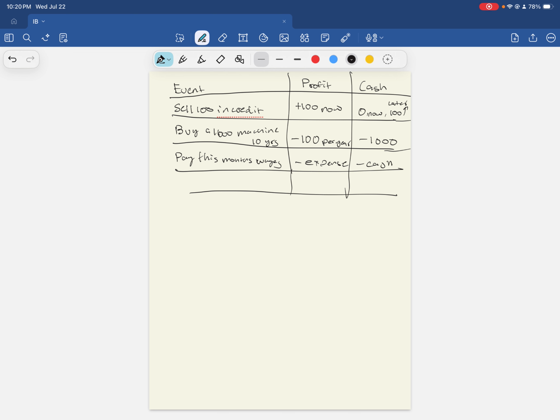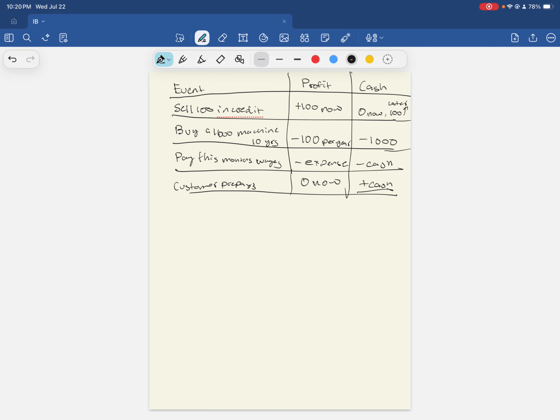Lastly, another example: a customer prepays for a yearly plan. A customer is prepaying your company for a yearly plan. For accrual, since it's earned over the year, it's going to be $0 right now. But for cash, you're getting that amount right now, so it's plus that cash amount.